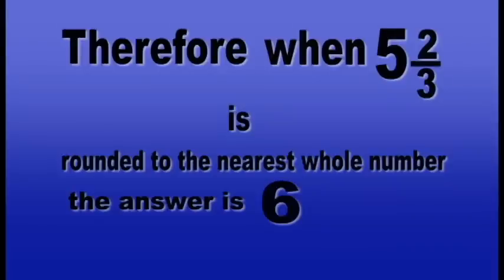Therefore, when 5 2/3 is rounded to the nearest whole number, our answer is 6. So remember students, if the fractional part of the number which is in question is a half or more, we round up to the next whole number. If it is less than a half, then we round down to a whole number. Thank you, Raquel.